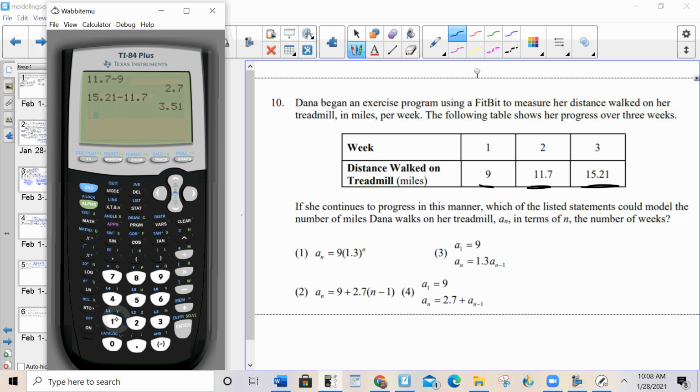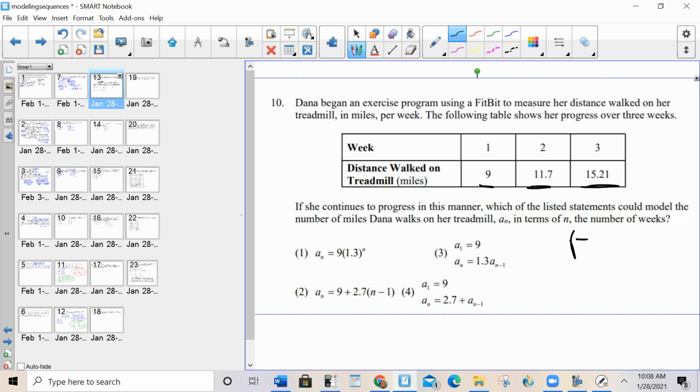Nope. 11.7 divided by 9, 15.21 divided by 11.7. There we go. The common ratio is 1.3, and it's geometric.